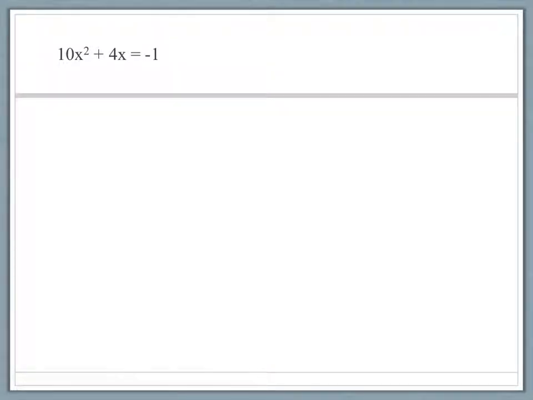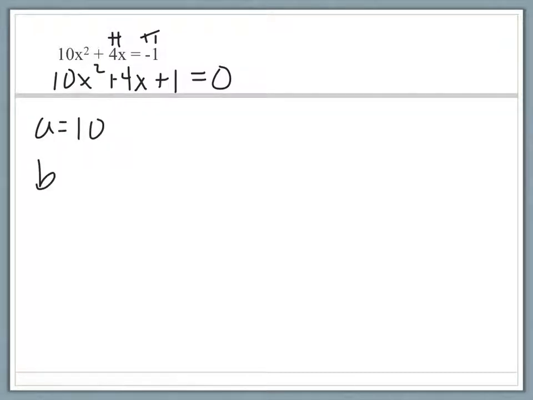Okay, for this one, we're going to do the same thing. It's a quadratic, but first I need to make sure that everything equals 0. So this should be 10x squared plus 4x, and we're going to add that 1 over to both sides. So this should be plus 1 equals 0. Okay, now let's go ahead and do our A, B, and C. So our A is 10, our B is 4, and our C is 1.